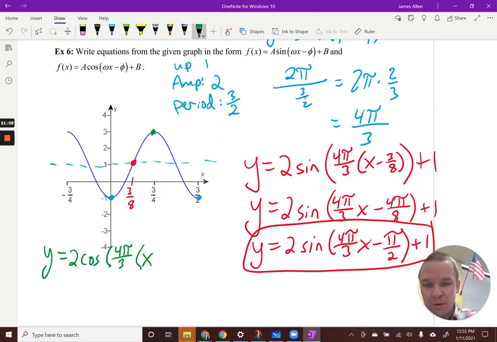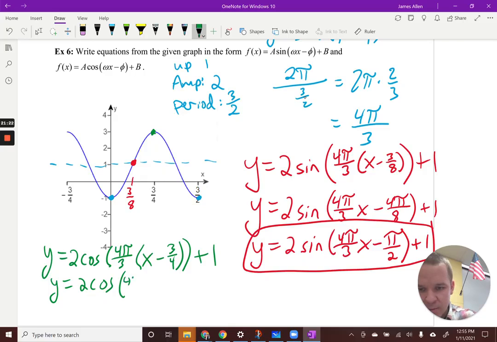We're moving to the right 3/4, so minus 3/4, close, plus 1 still. We still have the same vertical shift. Let's clean that up a little bit. 2 cosine, and then we have 4 pi over 3 x. The 3's and the 4's are going to cancel, leaving me with just minus pi, plus 1.